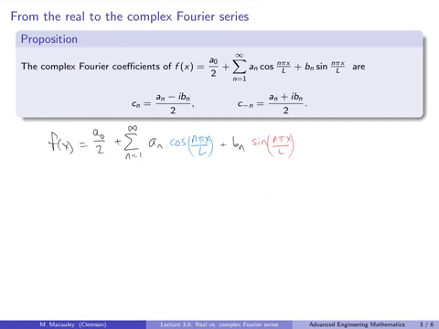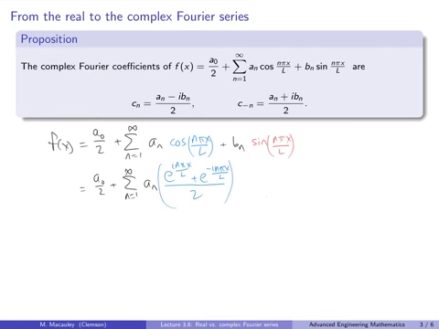So now we are going to use those formulas for cosine and sine in terms of complex exponentials. So this is a naught over 2 plus the sum from n equals 1 to infinity of a_n, and now we have e to the i n pi x over L plus e to the minus i n pi x over L, all over 2.